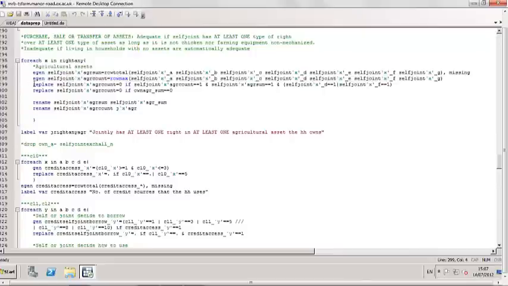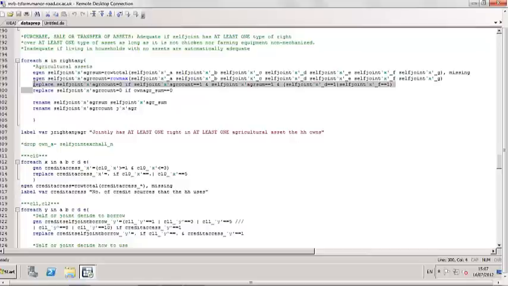However, similarly to the indicator of ownership, if there is only one asset in which the individual has at least one type of right, and that asset is a small asset, we still consider the individual inadequate. What are the small assets here? It's chickens and turkeys and farm equipment non-mechanized.